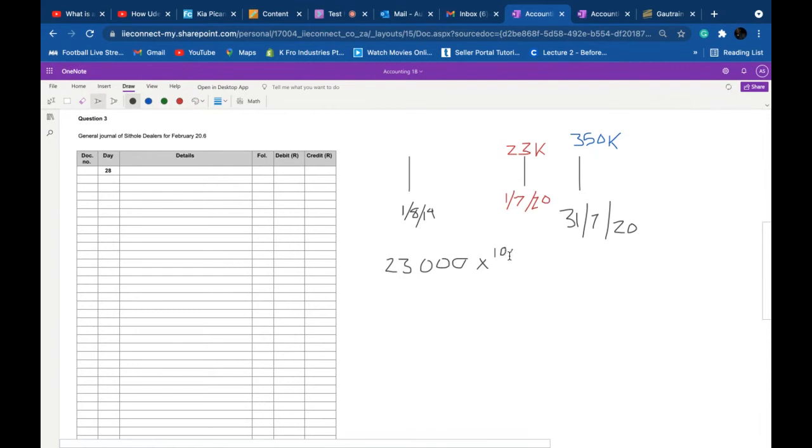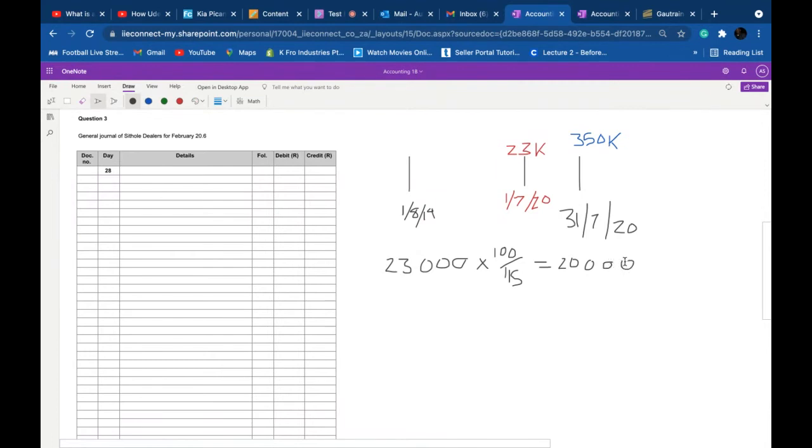We want exclusive, so let's just get the exclusive amount: 100 over 115. That gives us 20,000.